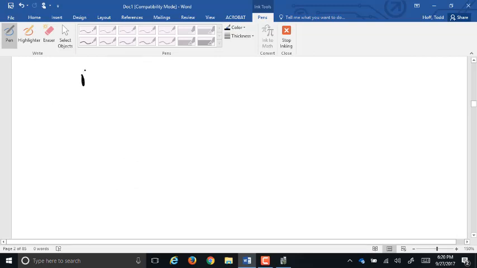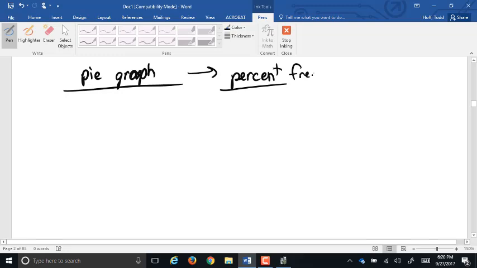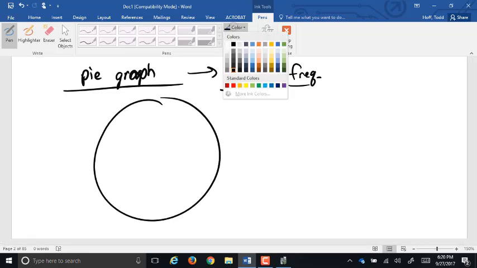The final type of graph that I want to show you for categorical data is a pie graph. And a pie graph uses the percent frequency. That was the raw frequency. In the pie graph, we're going to use the percent frequency.